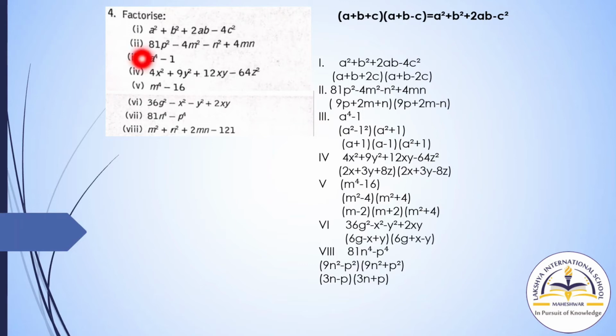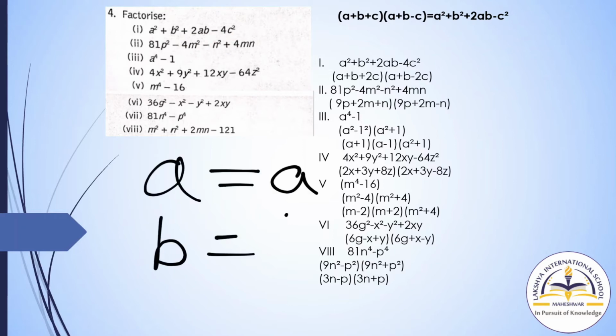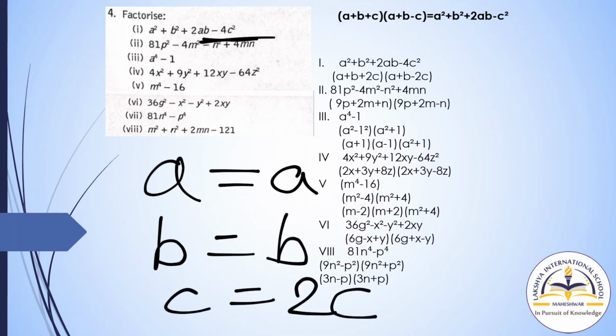Now question number 4, factorize. Here we have to factorize using our fourth property. Here it is given, that is a plus b plus c, a plus b minus c equals a square plus b square plus 2ab minus c square. Now you just see here a equals a is there, b equals b is there and c equals 2c is there, because there is 4c square.